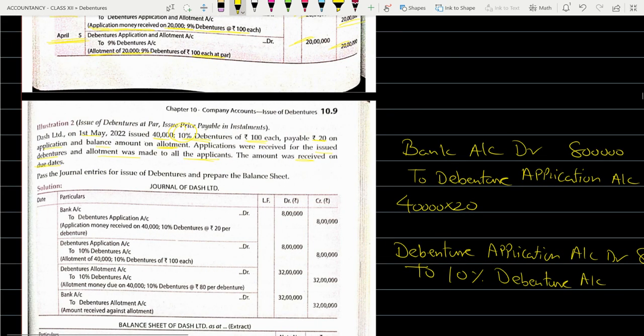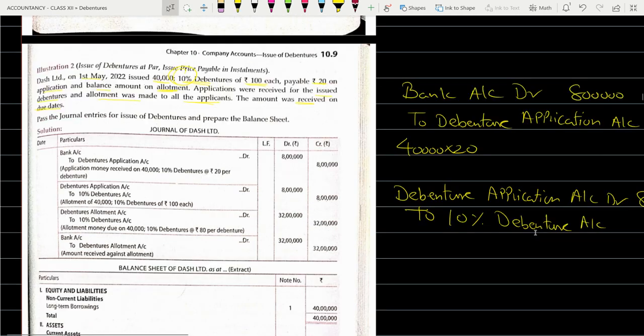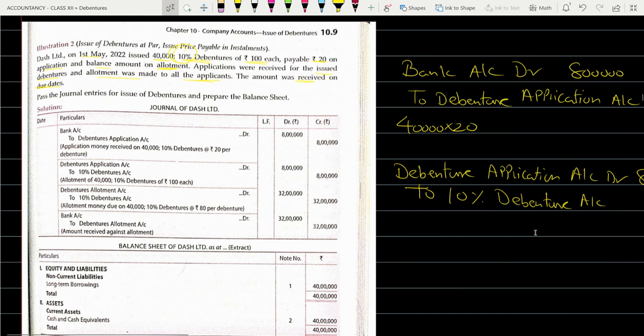No, sir. Okay. The third entry will be the amount due on allotment. So allotment money due. Like how for share allotment you pass the entry, in the same way it is here for debenture allotment. So debenture allotment account debited to 10% debenture.